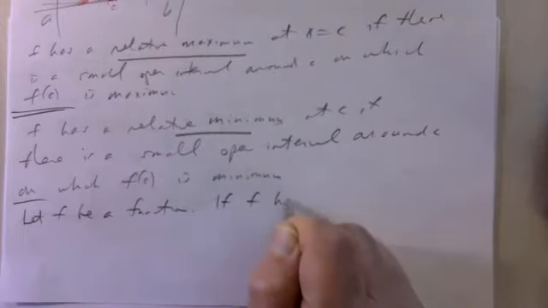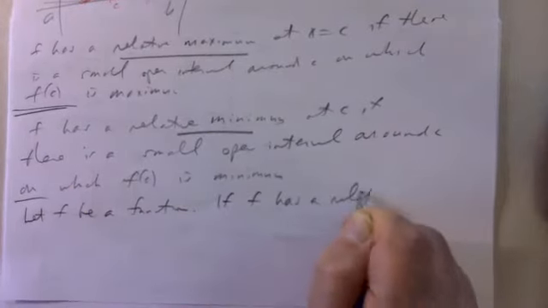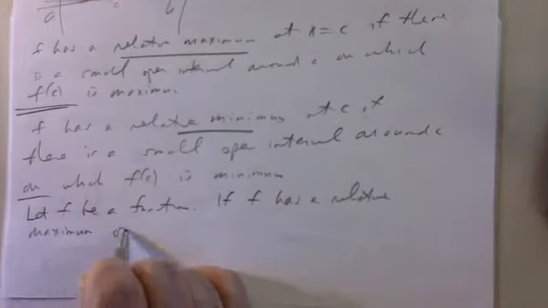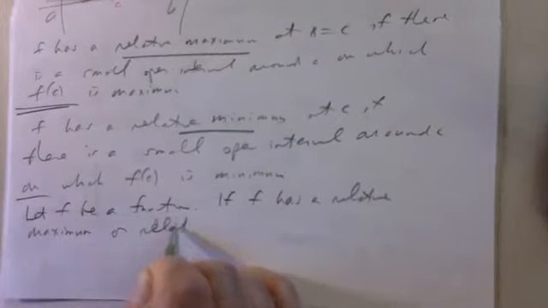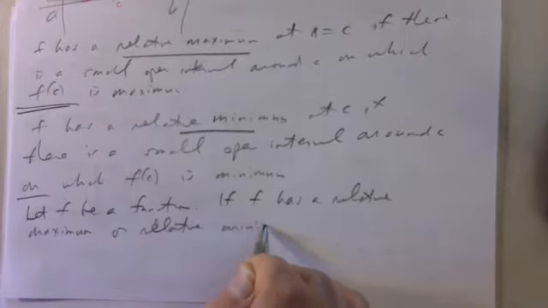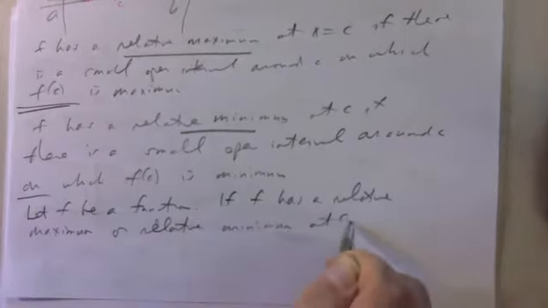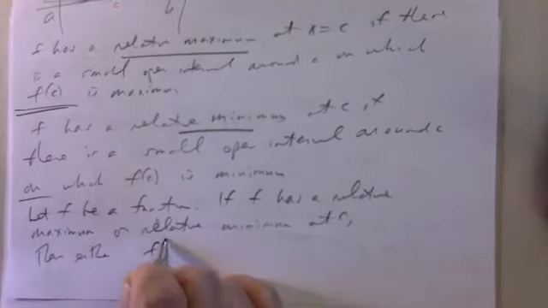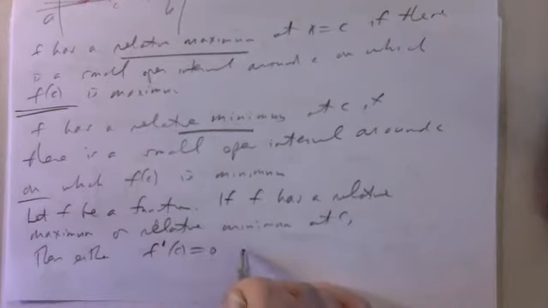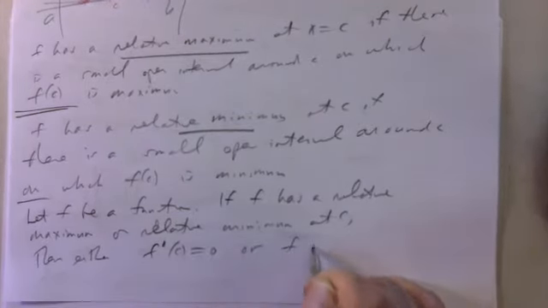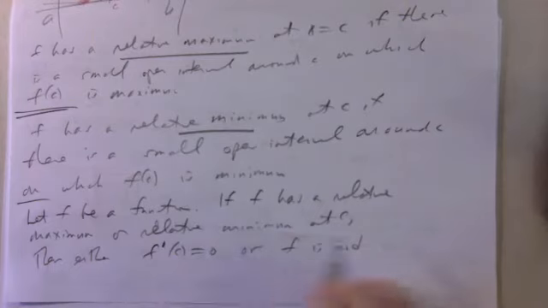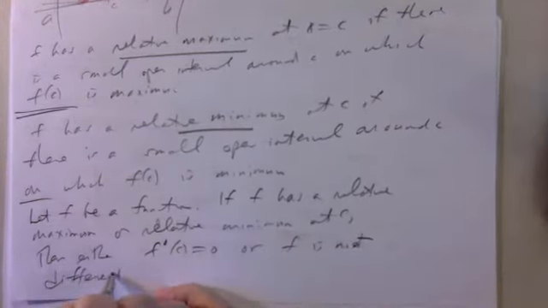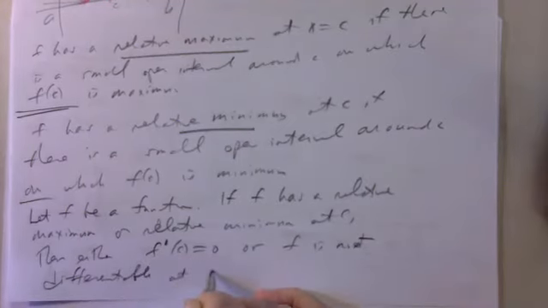If f has a relative maximum or a relative minimum at c, then either the derivative of the function at c is 0, or f is not differentiable at c.